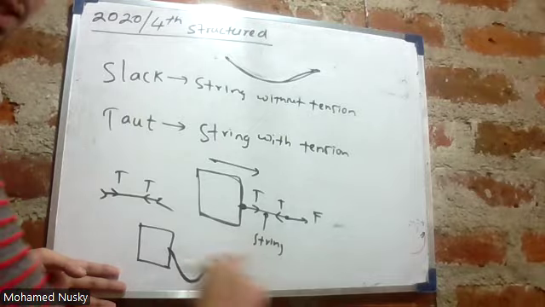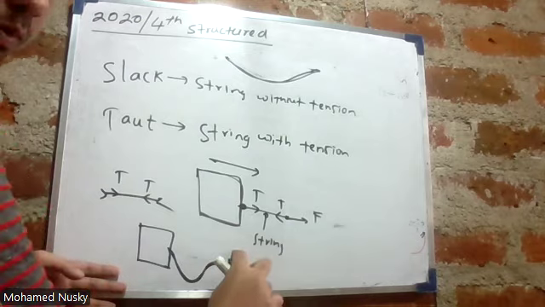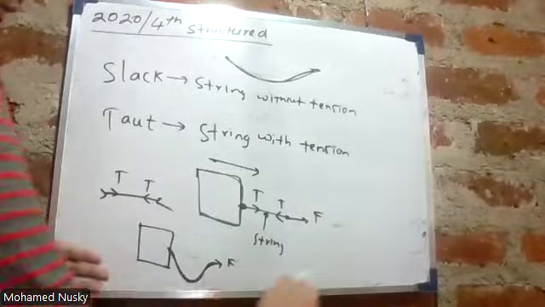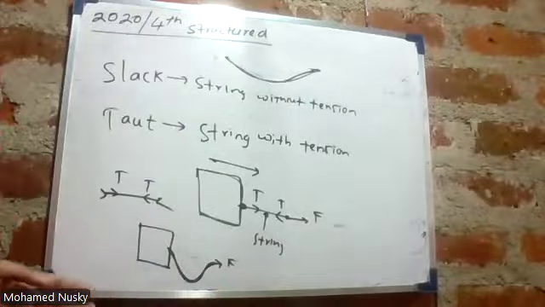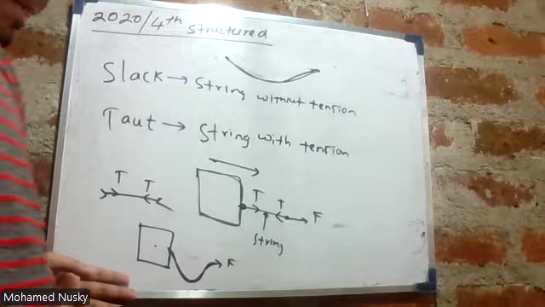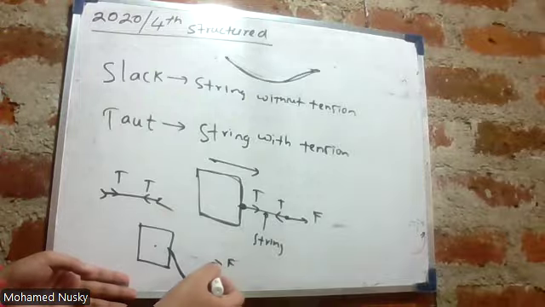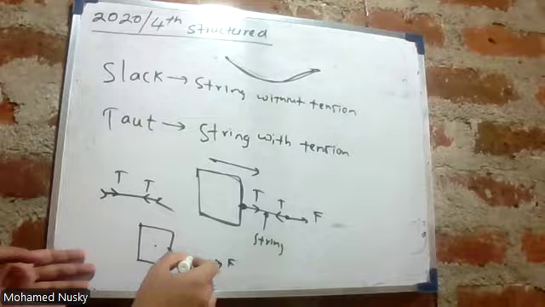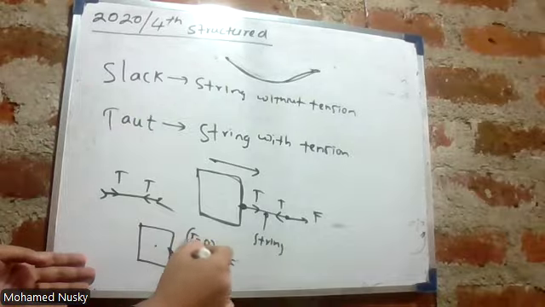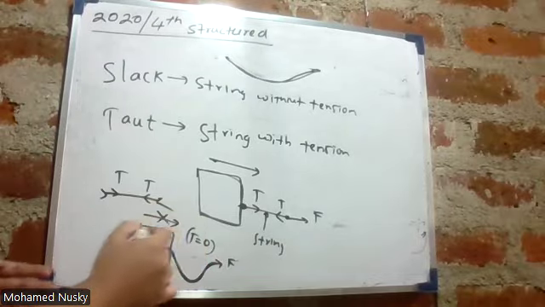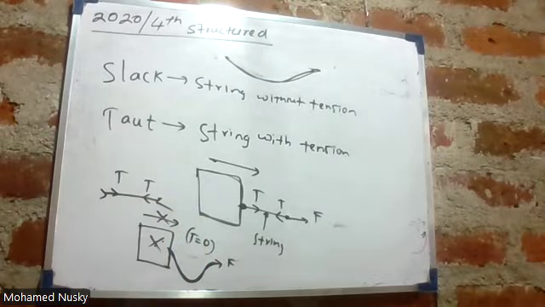This small force will not stretch the string. Therefore, there won't be any force on the box because it is a slack string, a string without tension. If tension is zero, no force acts on the box. Therefore, the box will not move in the forward direction.